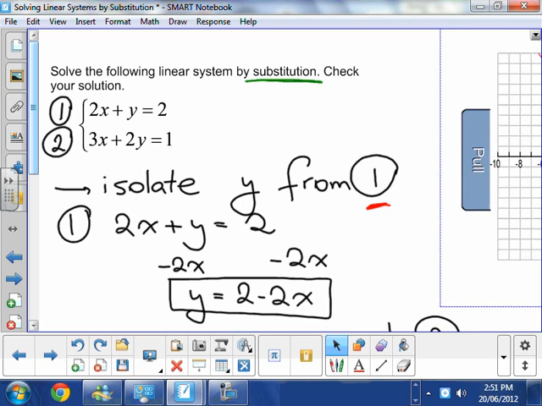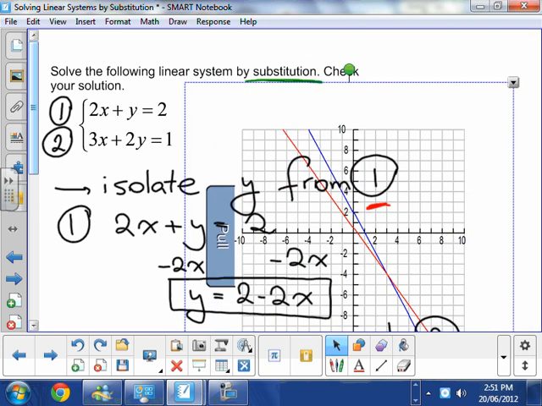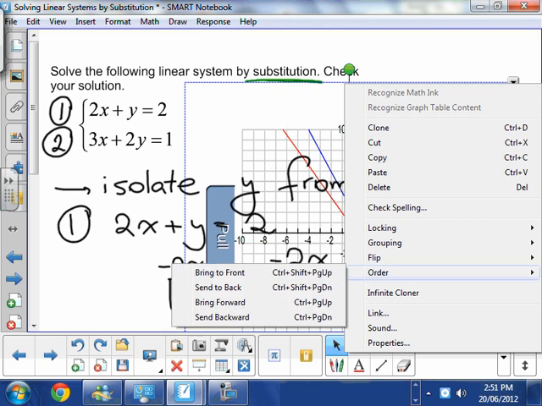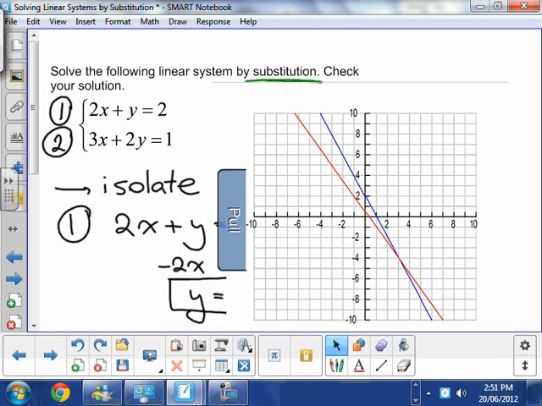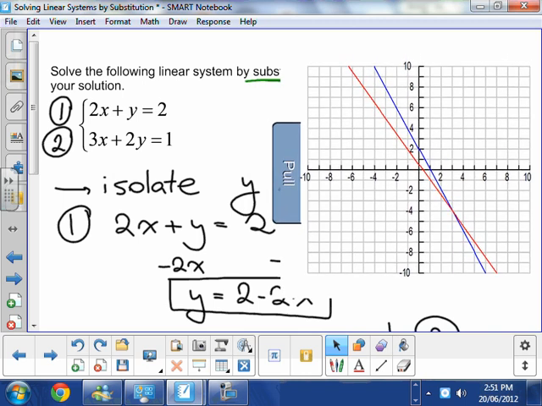But whenever we solve algebraically, we like looking at the corresponding graphs. So how about we do that right now? Let's bring this to the front so we'll see it better. So here I graphed my 2 equations. Can you help me please? Which one is which? The first equation is graphed as a blue line.